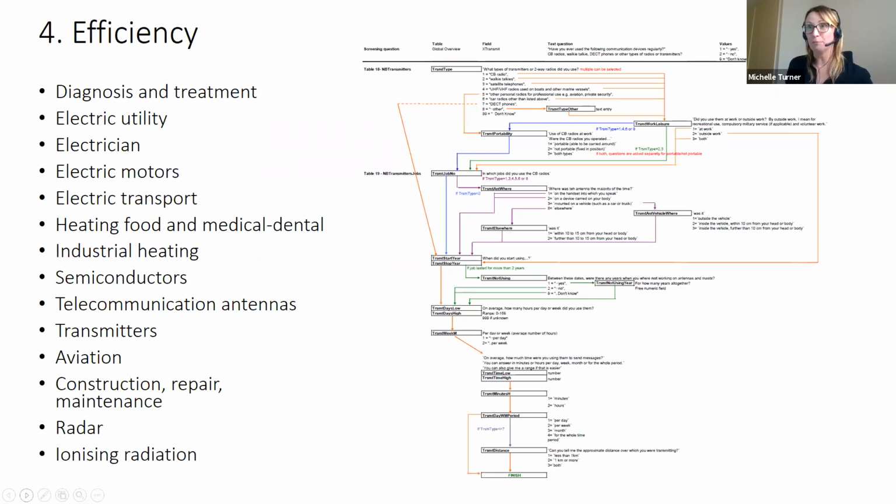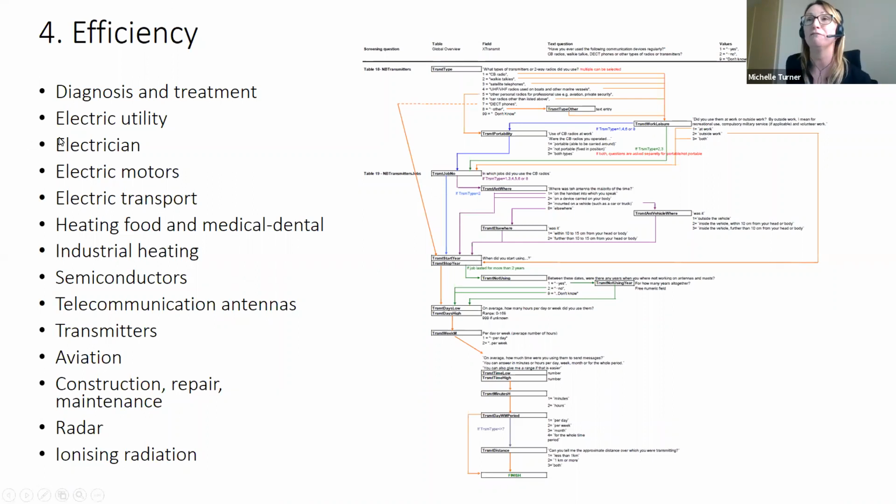And then the fourth principle was efficiency. And so in this study of brain tumor use, what they did is they designed these different modules on specific types of occupational situations that they had some information to hypothesize could be useful to examine in this study.